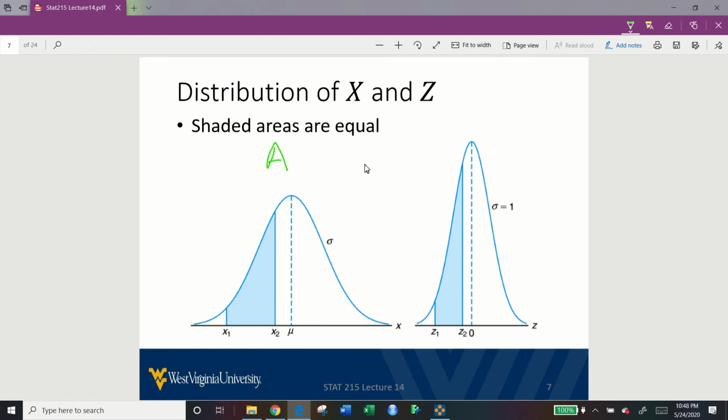What we did was convert it to the standard normal distribution, which we can call distribution B, where we have our mean 0, standard deviation of 1, and we find the area from z1 to z2. These shaded areas are equal, which is why we can do this.